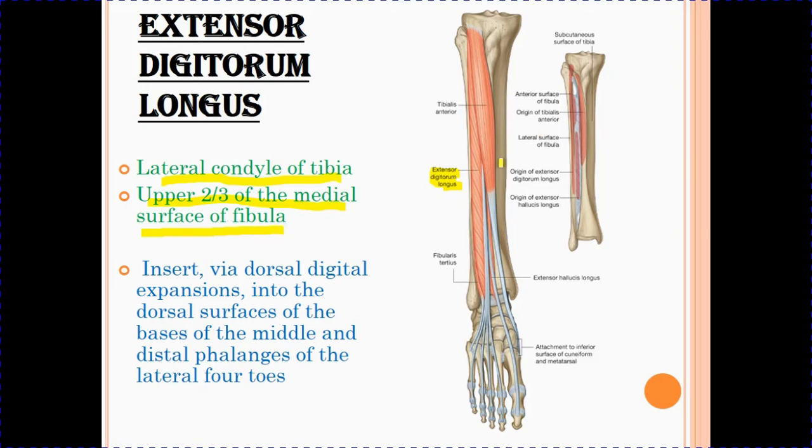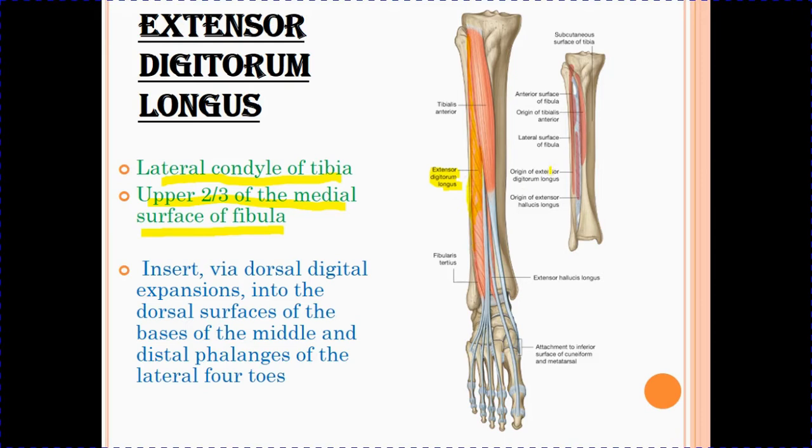Now we will look into the figure. See, this is extensor digitorum longus. It is arising from the lateral condyle of the tibia as well as from the upper two-thirds of the medial surface of the shaft of the fibula.